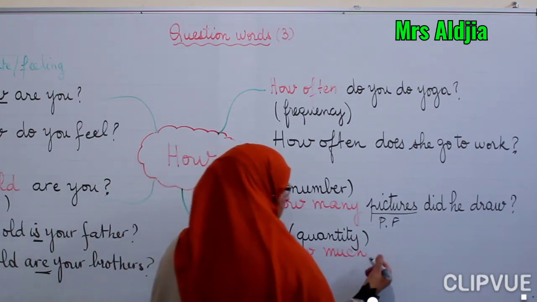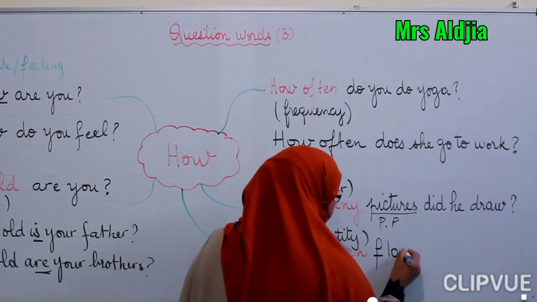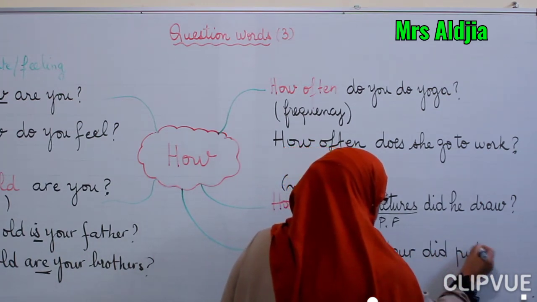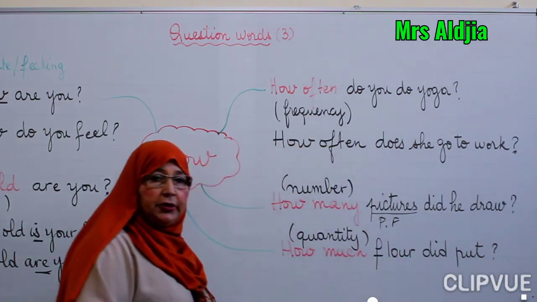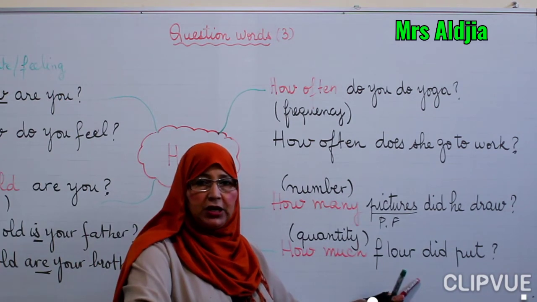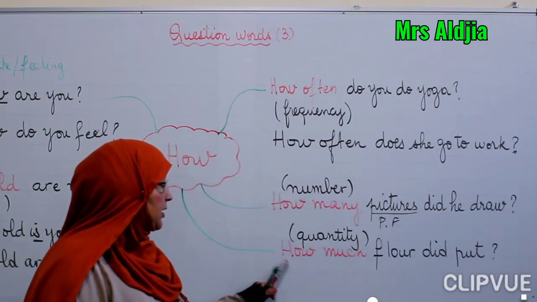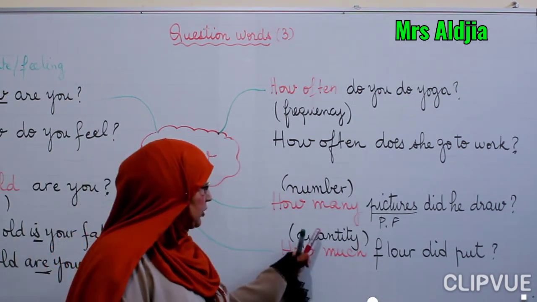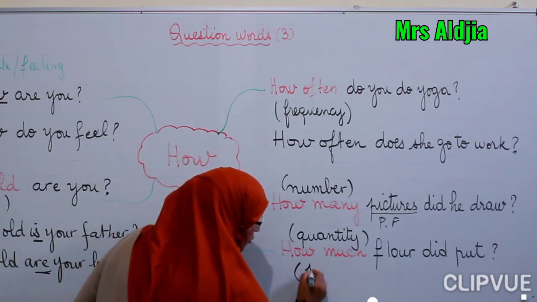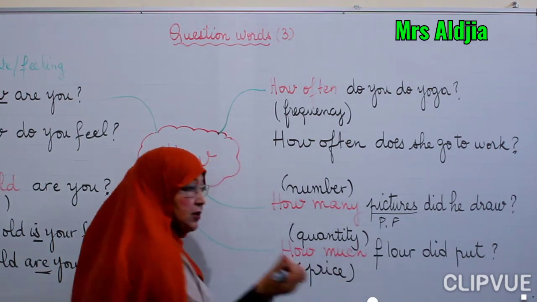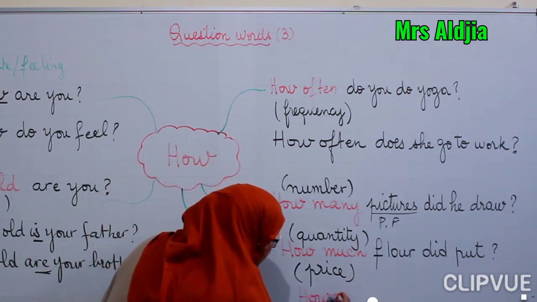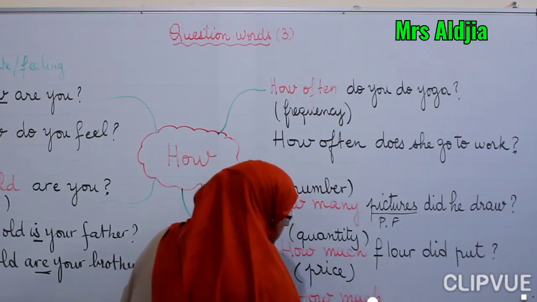For example, how much flour did you put? For example, we are making a cake. How much flour did you put to make this cake? We can use how much not only for quantity, but for the price. It means how much money.